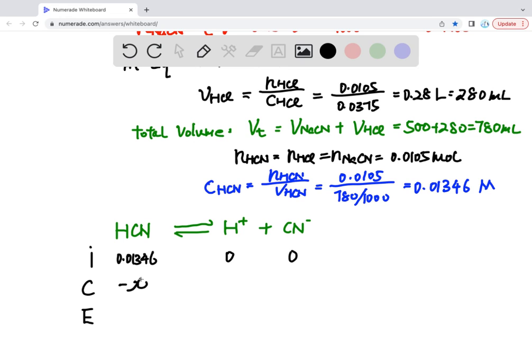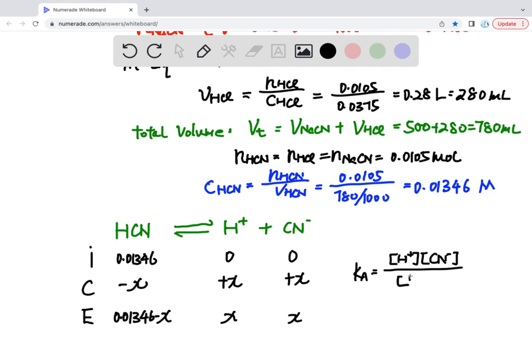And let's assume X molar was consumed. So we produce X molar proton and X molar of the anions. So in the end, you have 0.01346 minus X, X, and X. So the Ka of this reaction can be expressed as the concentration of the proton times the concentration of the cyanide ions over the concentration of the HCN.